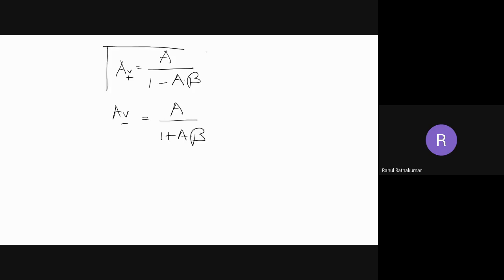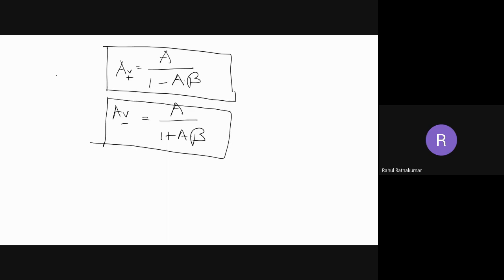So the gain of a positive feedback amplifier is A divided by 1 minus A beta, and the gain of a negative feedback amplifier is A divided by 1 plus A beta.